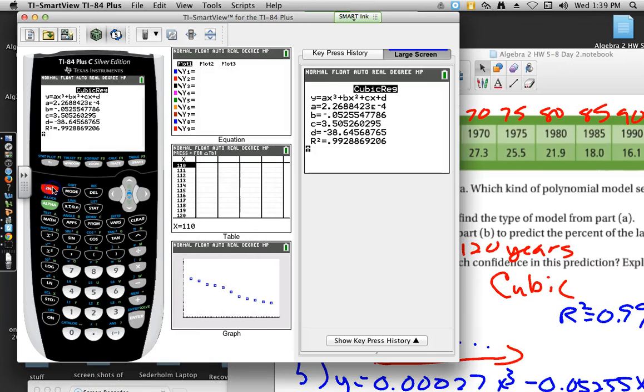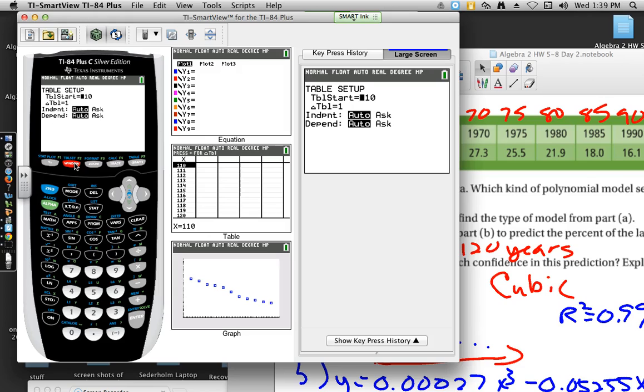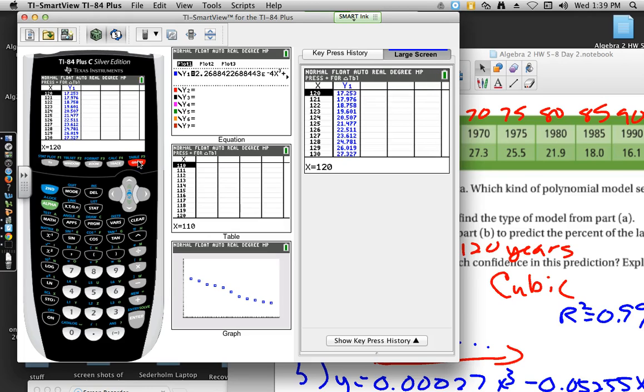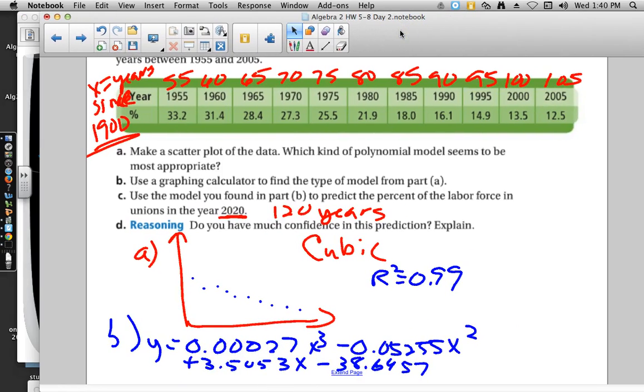So I'm going to hit second window, because that's table set, and I'm going to start that at 120. And then second graph. And the first one that we see up there is that 120 years later. So 17.253% is what my model would predict for 2020.